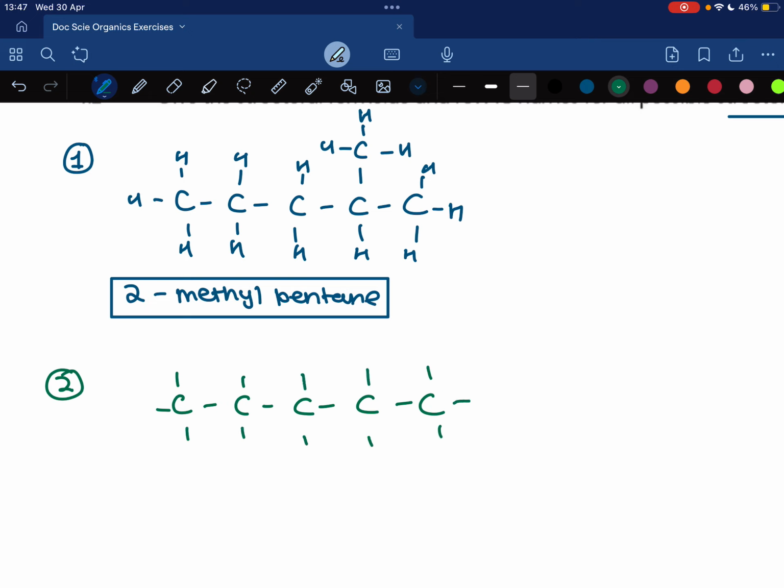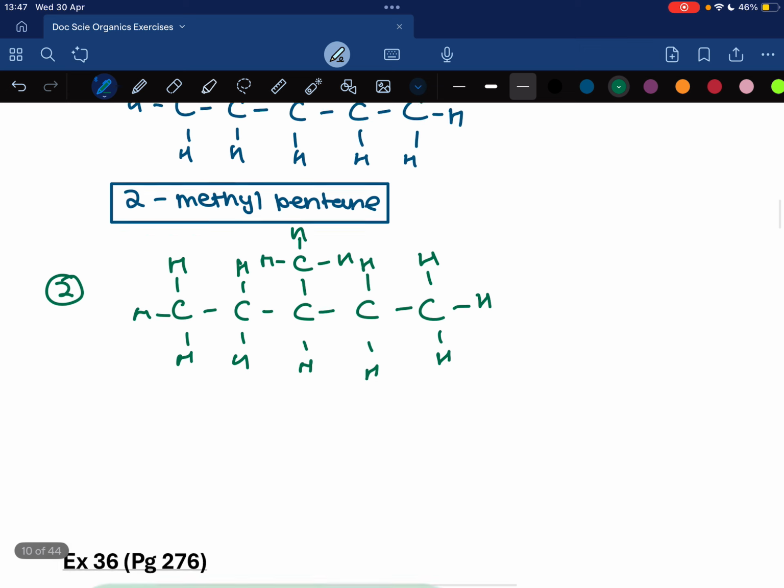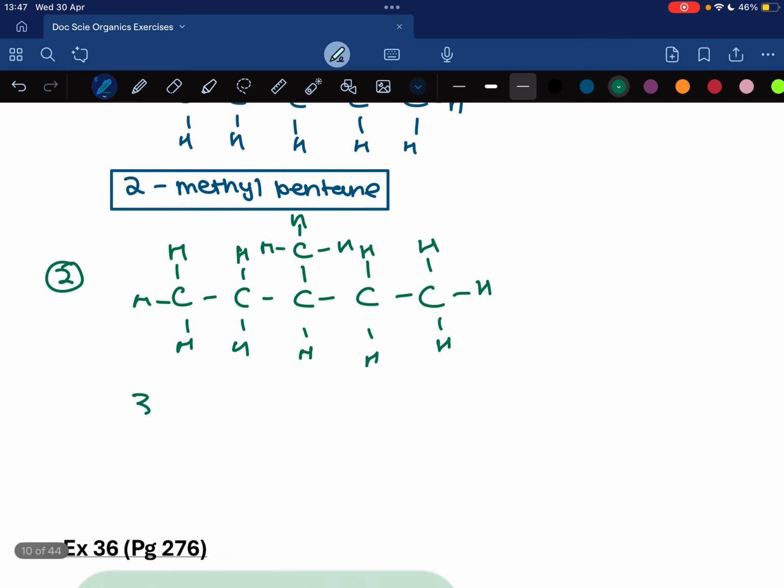But now instead of on the second one, I'm going to put it on the third one. So if I count, I'll see, okay, well, I have 3-methylpentane.